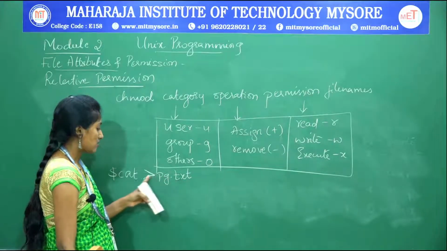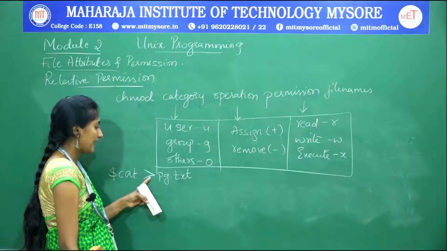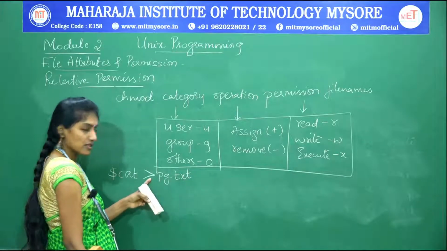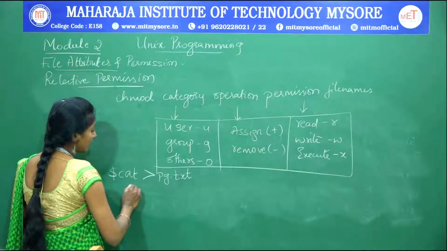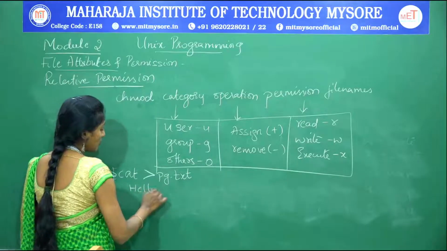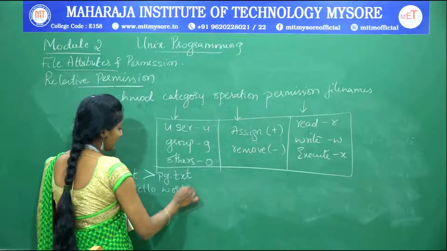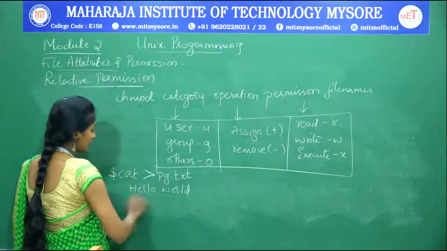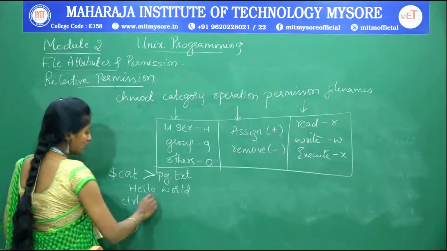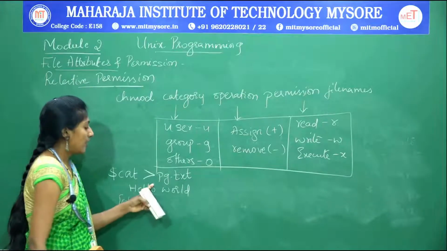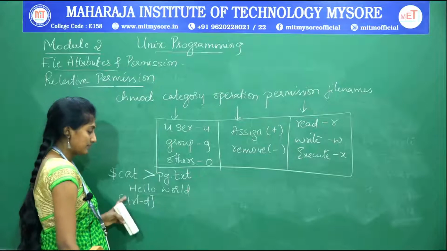So cat with the redirection operator creates the file pg.txt, and it is going to prompt you to enter the content. Now I am going to enter the content, hello world. For coming out of it, just press Ctrl D, the interrupt key to return to the command prompt.